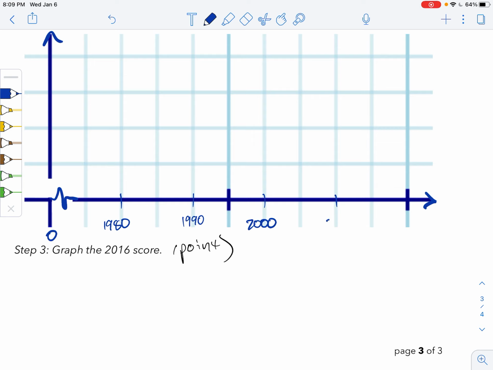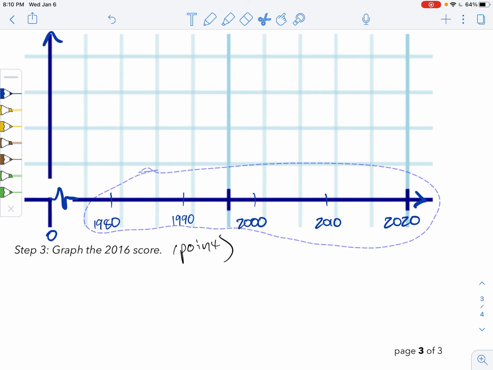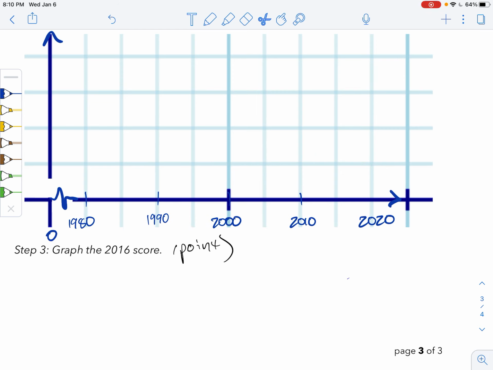Going by tens, right? 2010. Oh, shoot, that's 2020. That's not going to be far enough. We need to go to 2024. Redo. How are we going to figure this out? Oh, I know. Watch this. Boop. And the only reason we're allowed to do that is because we put this little squiggly in. Okay, cool.